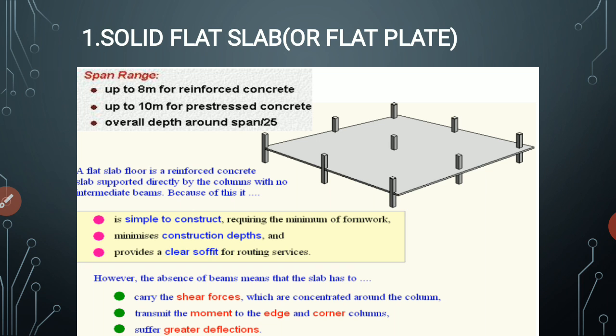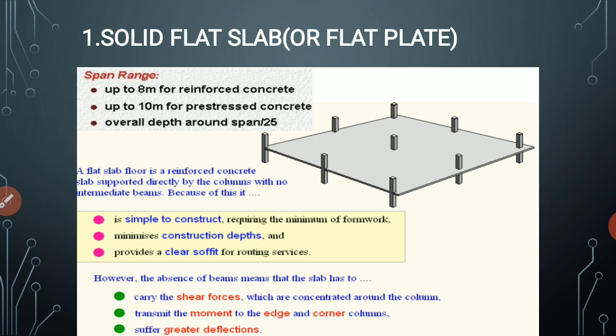So what is the range for solid flat slab? It is up to 8 meters for reinforced concrete, and up to 10 meters for prestressed concrete, and the overall depth is around span by 25. So this is the span range.